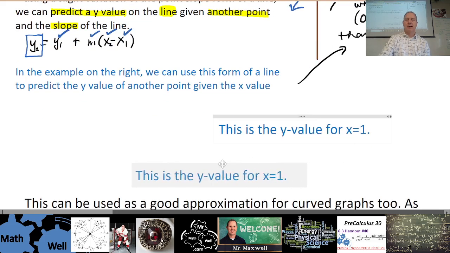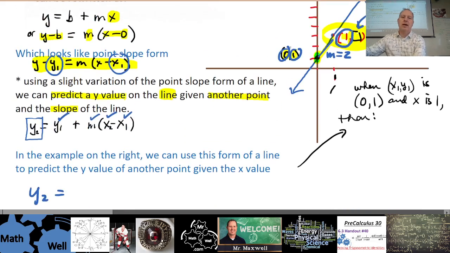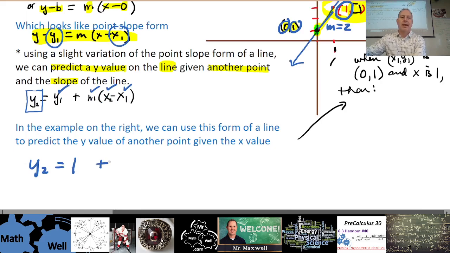Let's say y2 I don't know, but y1 was this value of 1, and the slope of the line is 2, and x2 minus x1, so x2 is 1, and x1 is 0. So the second y value is 1 plus 2, y2 equals 3.